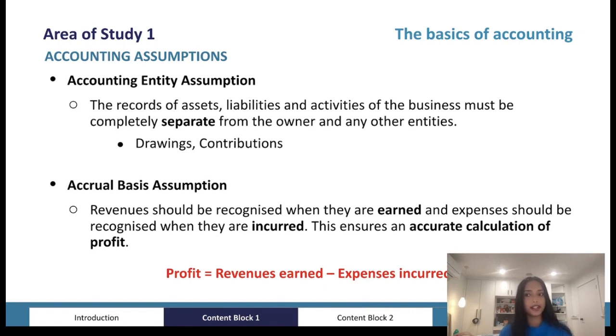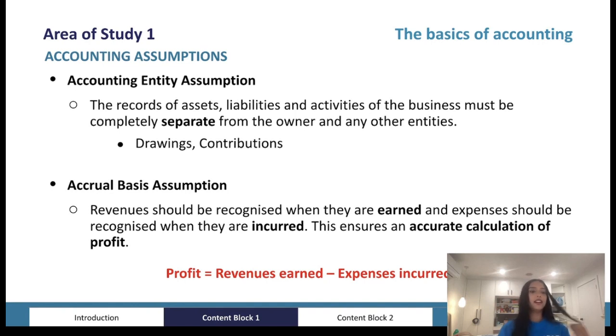And that's not necessarily when the cash for the revenue is received. Secondly, all expenses need to be recognized when they are incurred, which again might not necessarily be when the cash is paid, because obviously there's prepaid expenses and accrued expenses. And then thirdly, profit is calculated accurately as revenues earned less expenses incurred.